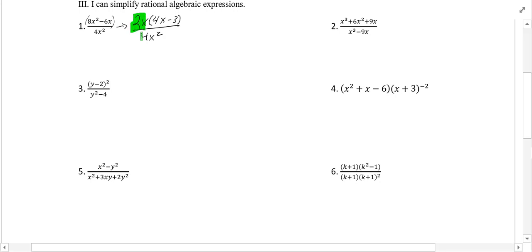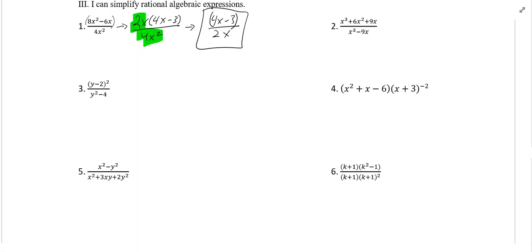You can simplify 2x and 4x squared. So when you do that, you're going to be left with 4x minus 3 on the top, and these two are going to reduce to 2x. So then that is the only thing that can reduce because this, remember, is in a parentheses. It's an expression, it's connected.